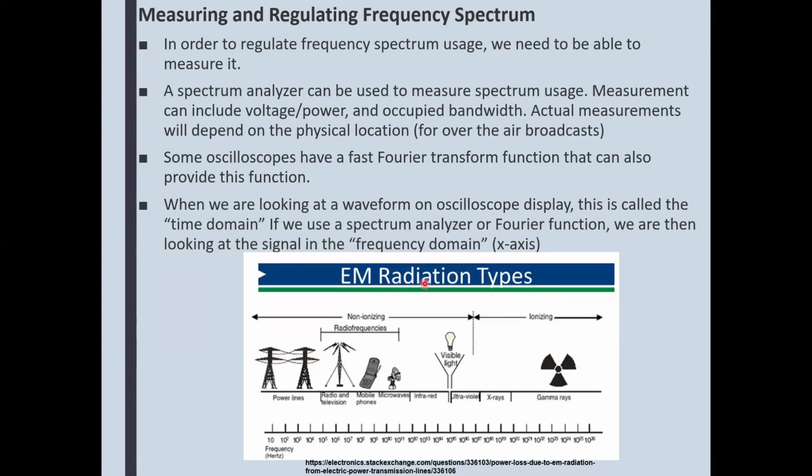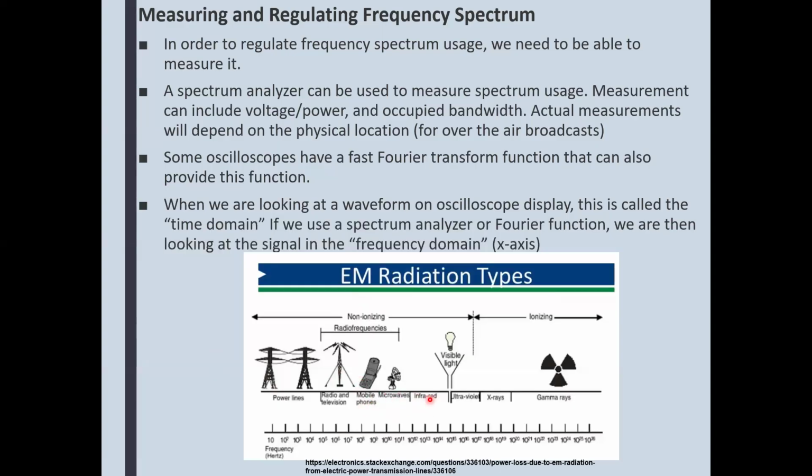Electromagnetic radiation types, there's so much happening in the air that I won't even begin to start describing. But we are dealing with a lot of stuff. We're dealing with the radiation from the power lines, from antennas, from the towers, television and radio stations, cell phones, microwave.